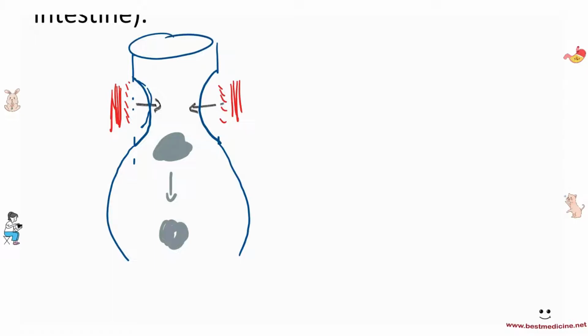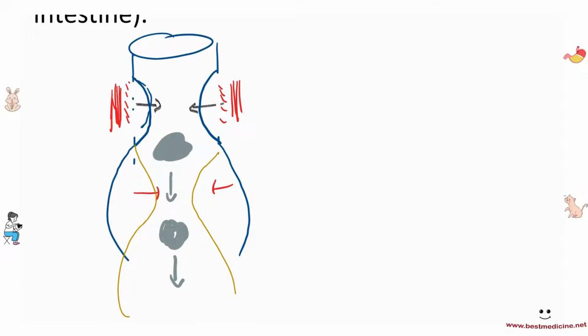And when it reaches over here, again, in this place, it would cause the circular muscles to contract, pulling the esophagus inwards. So maybe we can draw a new layer here, okay? And the longitudinal muscles relax in front of it, and the food will go down. So this is a wave-like contraction that would keep on occurring from the top of the food.